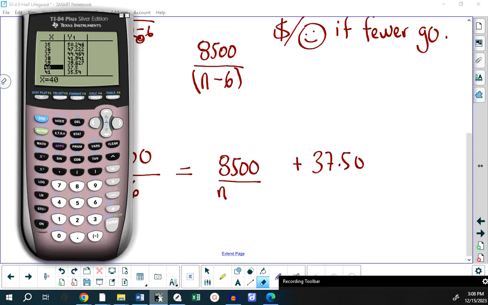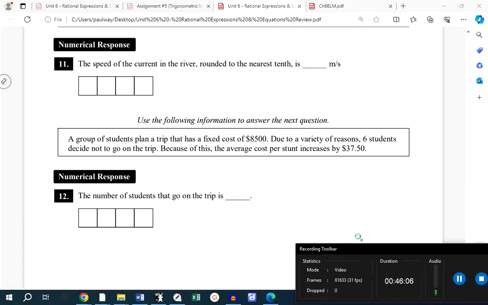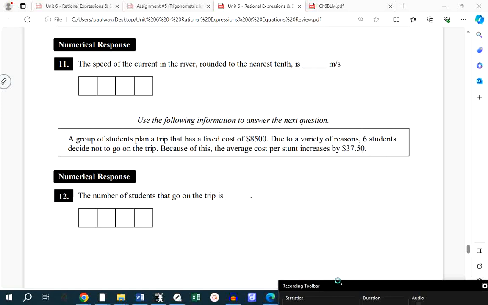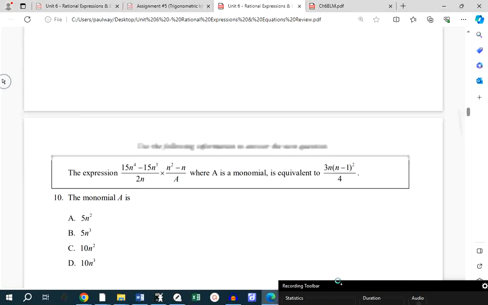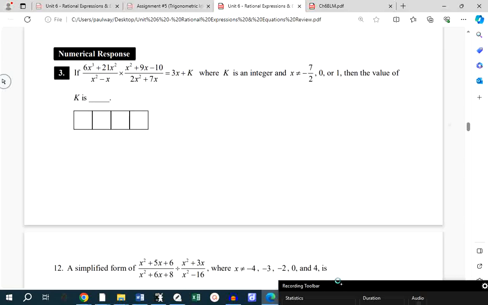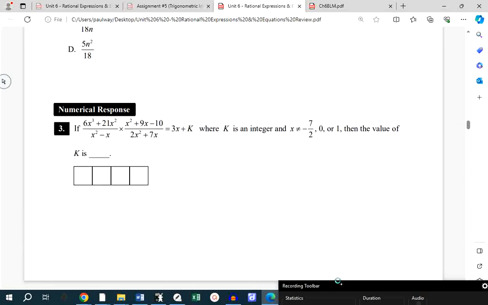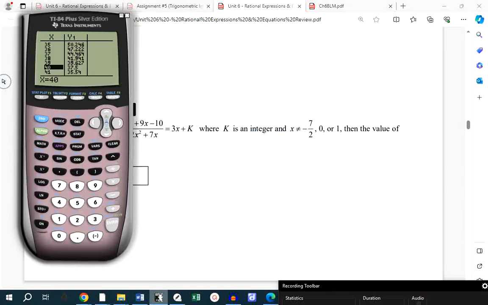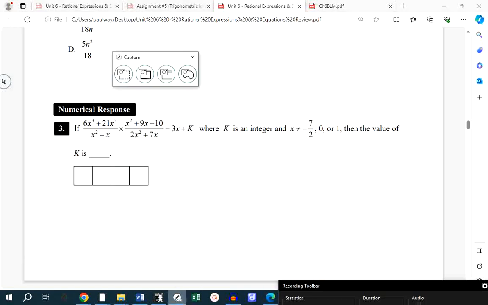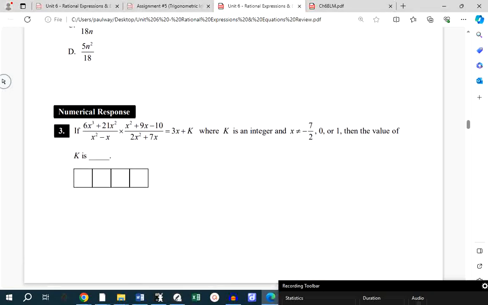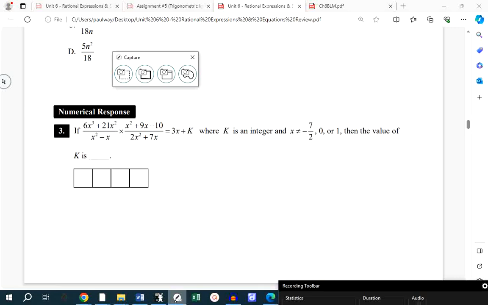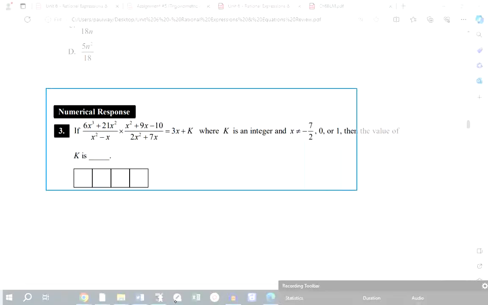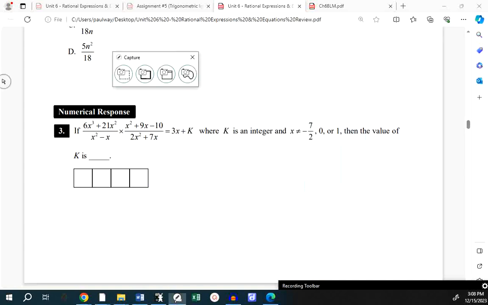Numerical response 3. The first thing to note here is that this whole x is not equal to -7/2 or 0 or 1 is just fluff on the question.